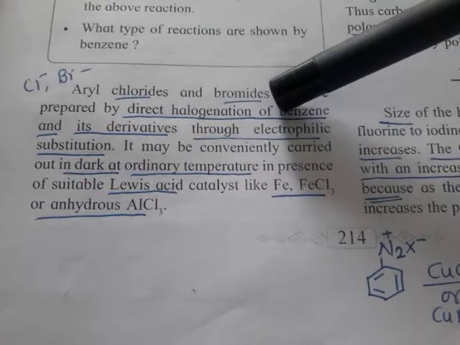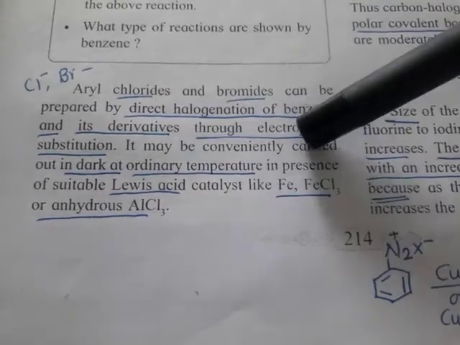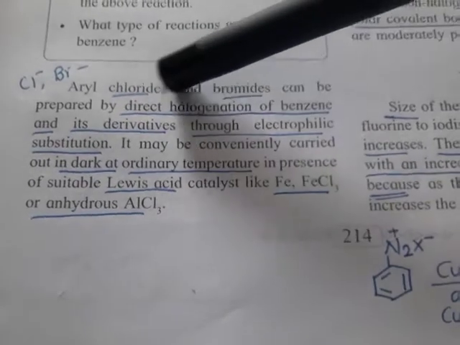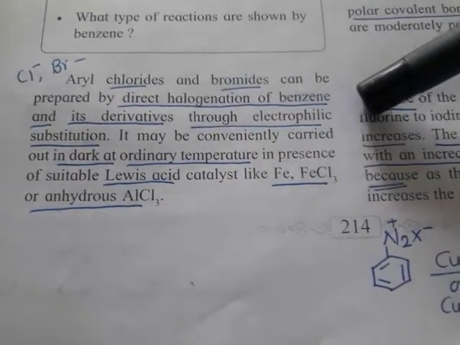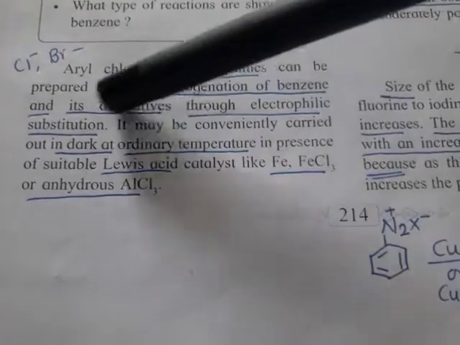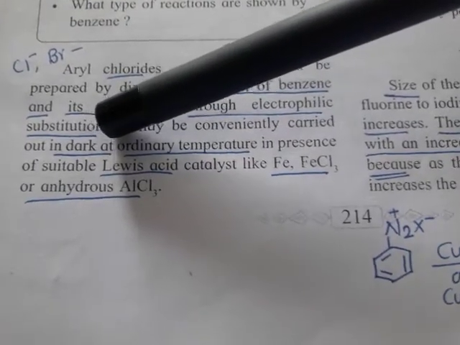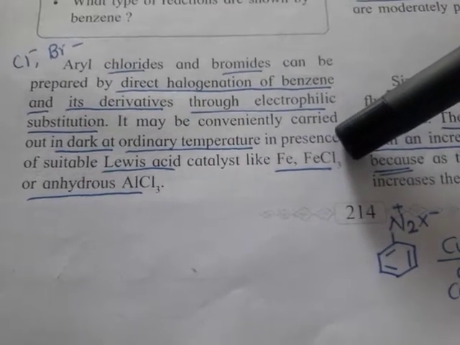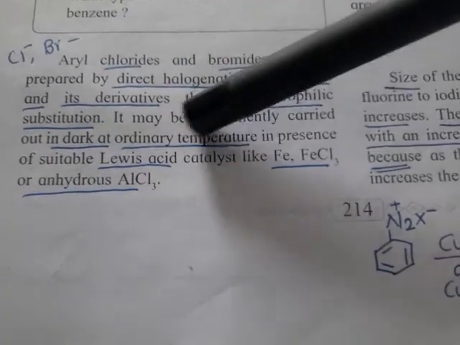It is said that when benzene or its derivatives react with chlorine and bromine, then direct halogenation takes place. This reaction we studied last year also. Condition required is dark at ordinary temperature, and catalyst is needed for this particular reaction.